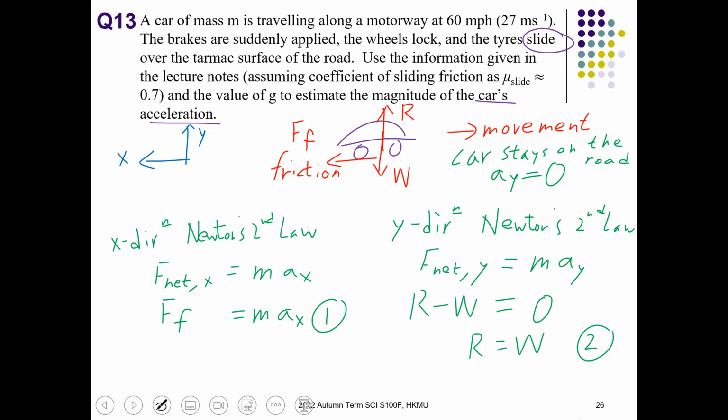Can we better correlate equation 1 and equation 2? Of course, yes. We can further expand the friction as the product of the coefficient of sliding friction with the normal reaction.